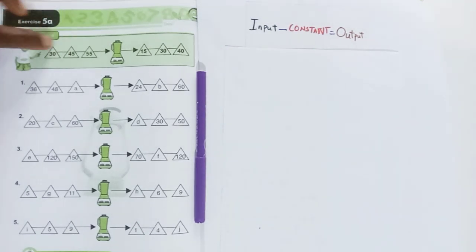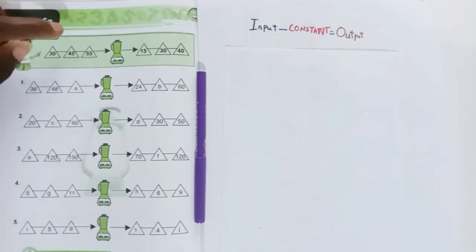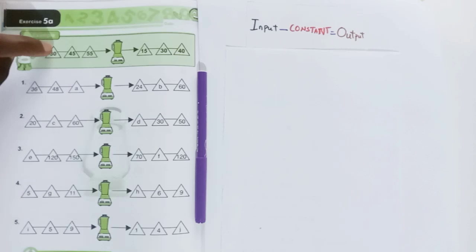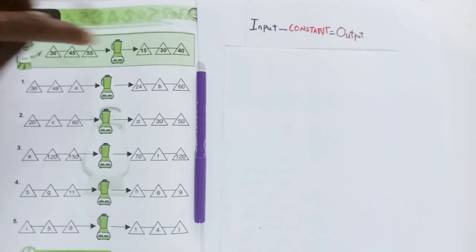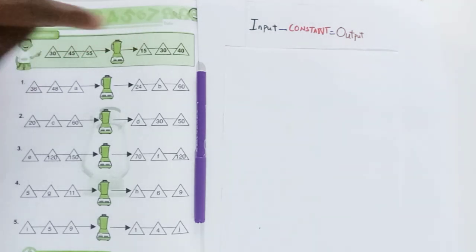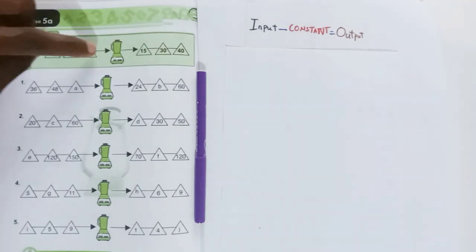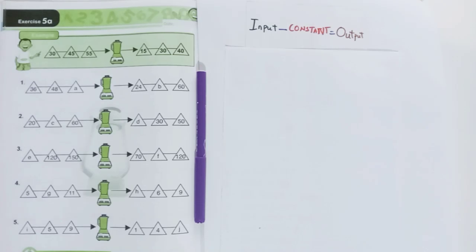By the left here is the input, by the right here is the output. So when we subtract the output from the input, 30 minus 15 is what? Sorry, 45 minus 30 is 15. 55 minus 40 is 15. So you can see that the constant is 15.